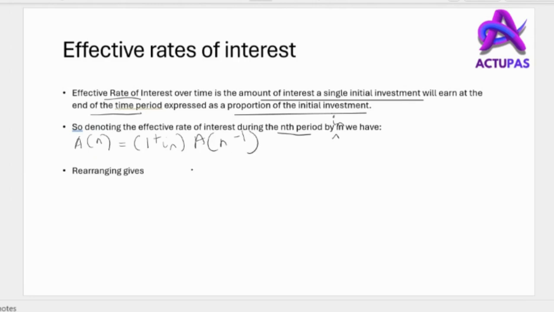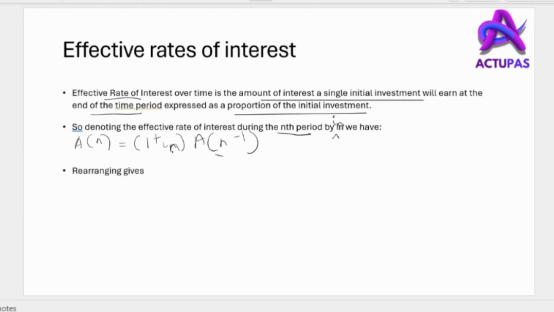What we are saying here is that to get the accumulated value at time n, we multiply the value at time n minus 1 by (1 plus in), in being the effective rate of interest during the nth period.